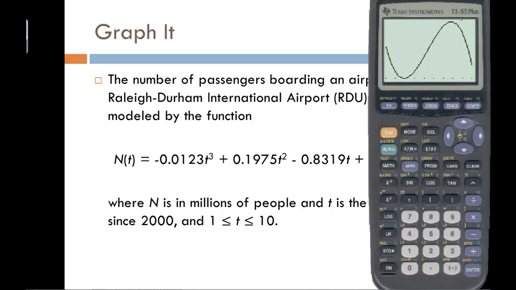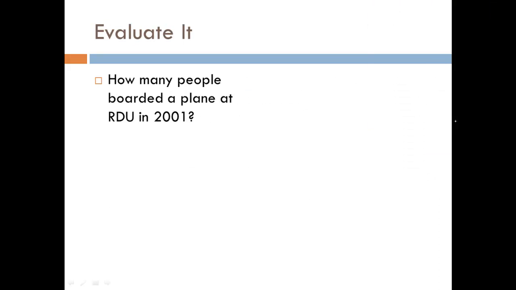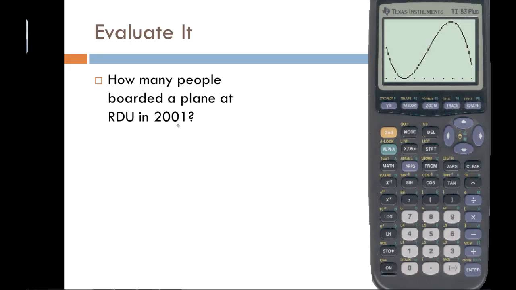So now that we have this graph, what can we do with it? Can we determine how many people boarded a plane at RDU in the year 2001? Well, 2001 corresponds to t equals 1. So to determine that value, we can hit the trace button, and that puts a cursor on the graph. We can use the left and right arrow keys to move that cursor wherever we need it, or we can just type the number we want.